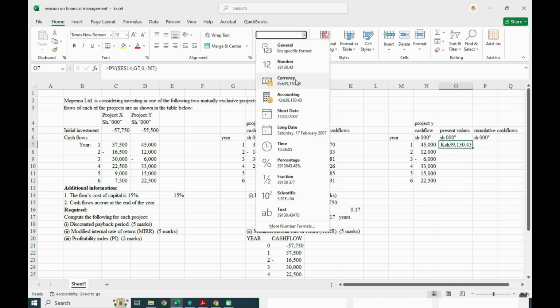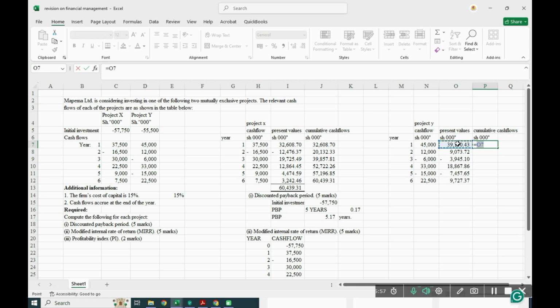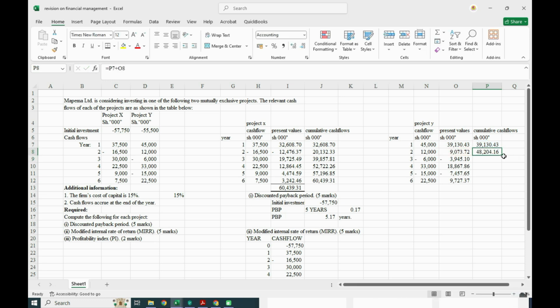Turn this to a number, 2 decimal, and drag that, so that will be our present value. Cumulatively we add, this plus this one, and we drag this, so that will be our cumulative cash flow.